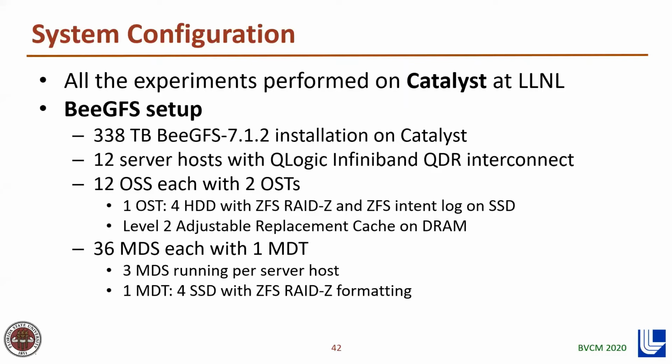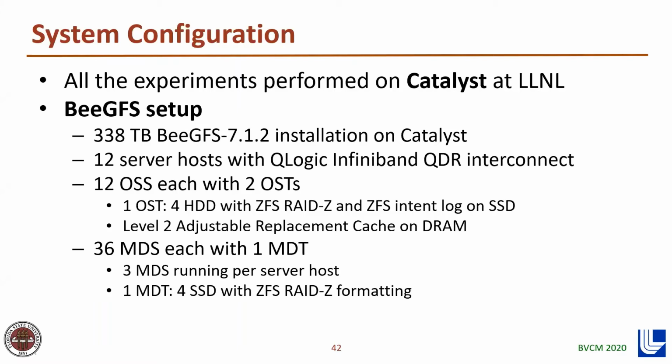In our case, the BeeGFS size was 338 terabytes, and we used BeeGFS 7.1.2 for our evaluation. In the setup, we had 12 server hosts with QLogic InfiniBand QDR interconnect, and 12 object storage services, each attached to 2 object storage targets.